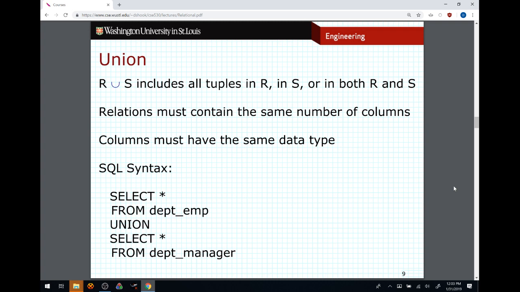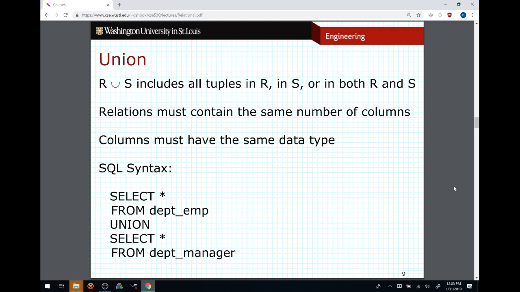If I think of two relations or two tables or however you want to think about it, if I want to combine them together into one set, I'm taking one table and I'm sort of lining it up with the other table vertically, right? So that they share columns now. So the number of columns and the data types of those columns has to line up for me to be able to do that.